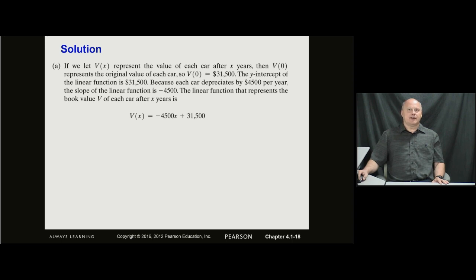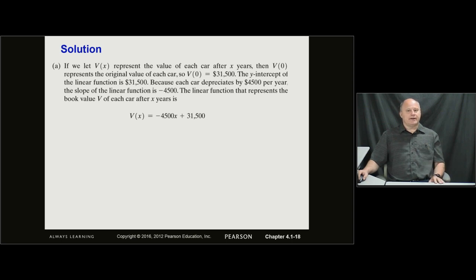Because each car depreciates $4,500 per year, that's going to be your average rate of change. And this is a linear relationship, because it's called a straight line. So the slope is going to be negative $4,500. So the linear function that represents this book value is going to be V of x equals negative $4,500x plus $31,500. And it makes sense, because if x is 0, as soon as you drive it off the lot, it's $31,500.